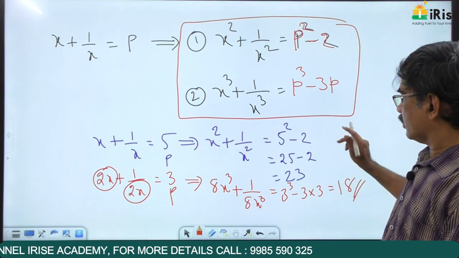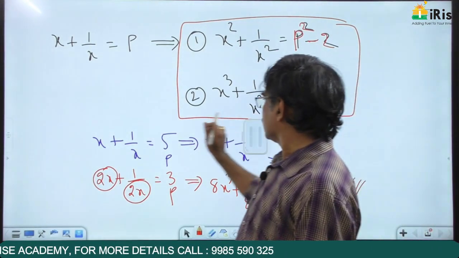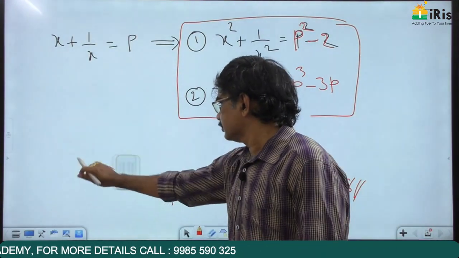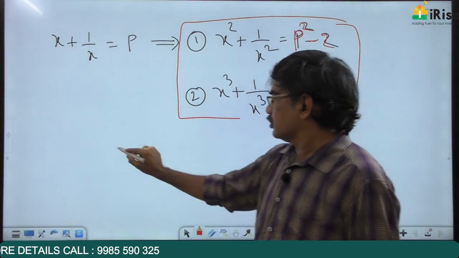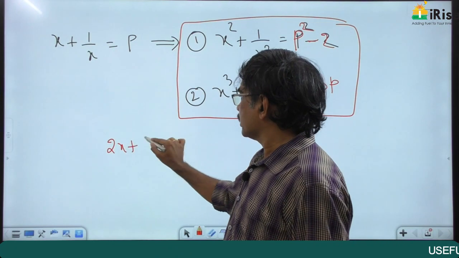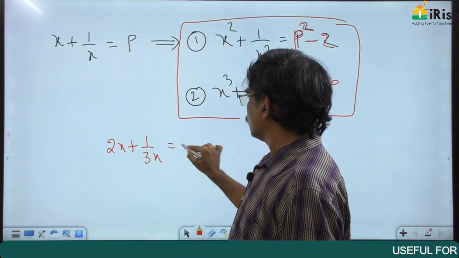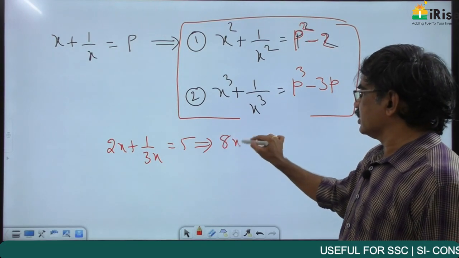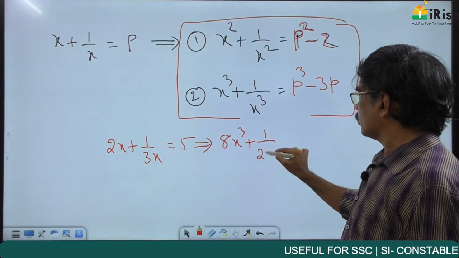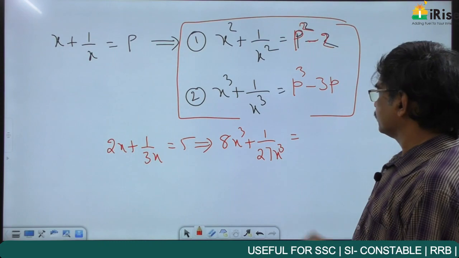For example, if a question is given like this, 2x plus 1 by 3x is equal to 5, then what is 8x cube plus 1 by 27x cube?